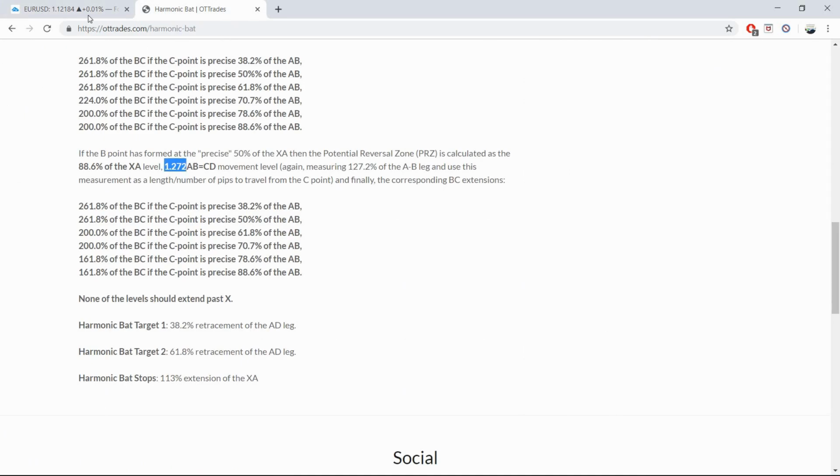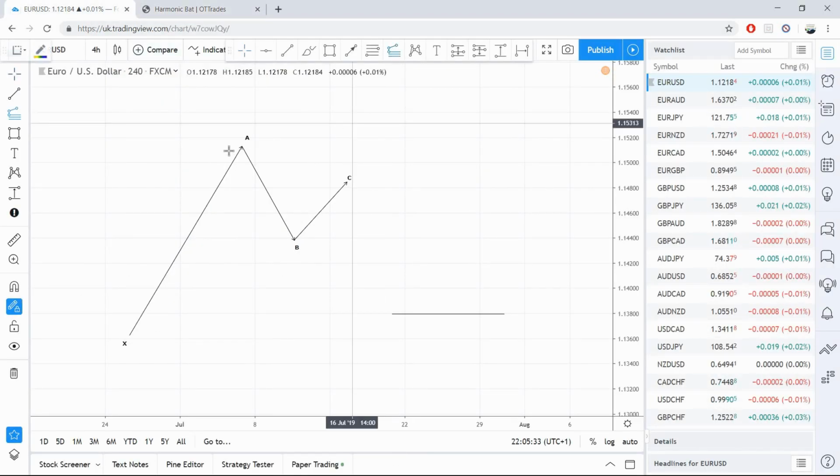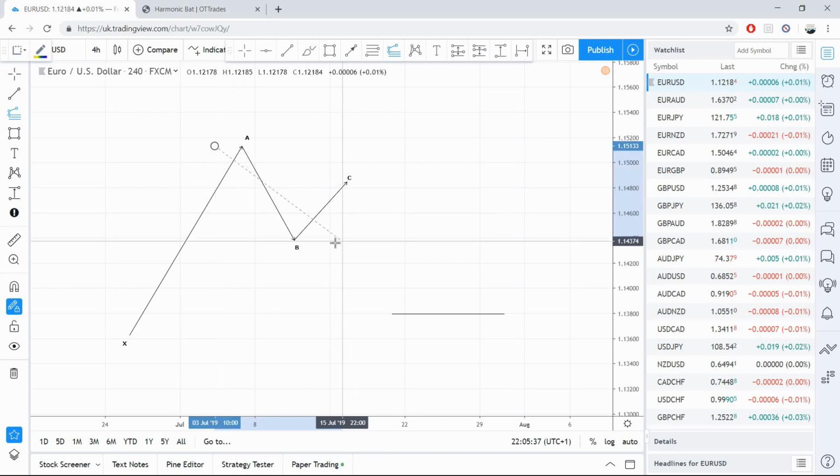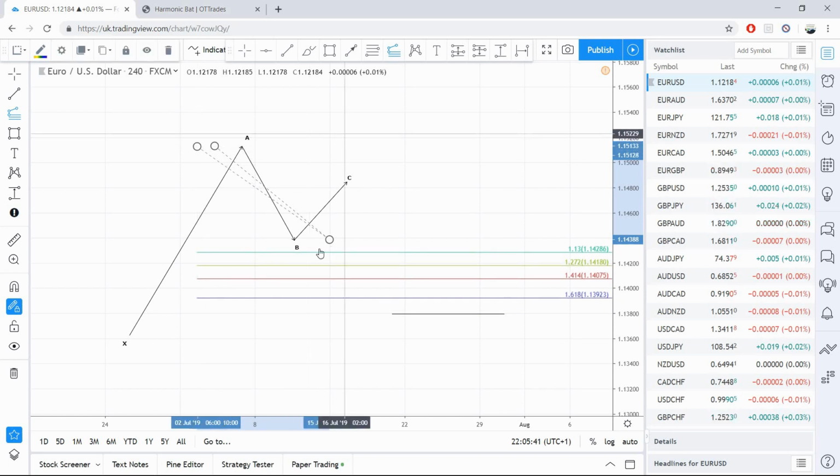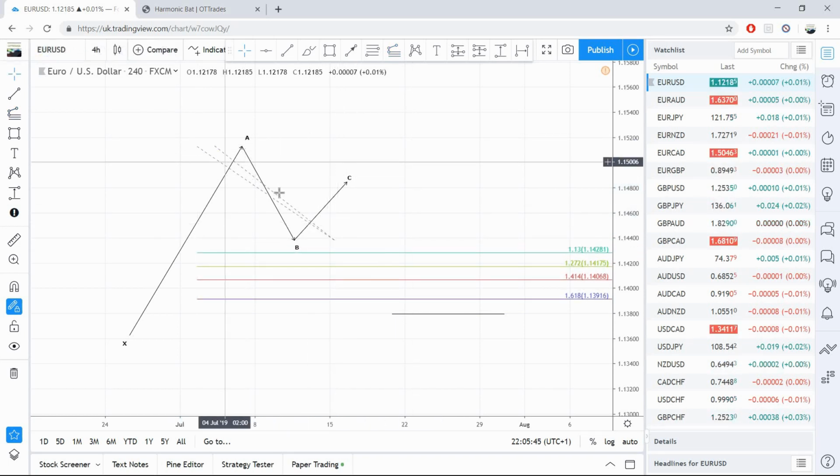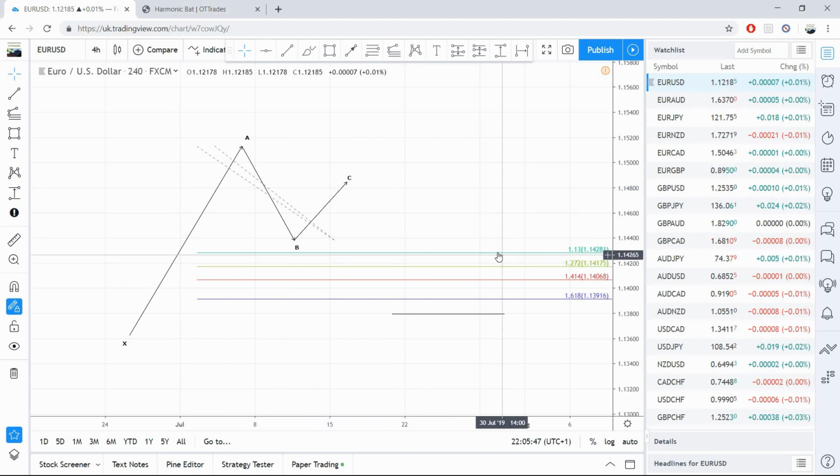Next, we've got the 1.272 AB equals CD move. So AB 1.272. That's probably slightly higher than E there. So AB 1.272.